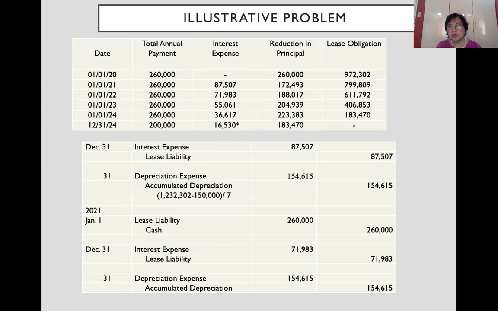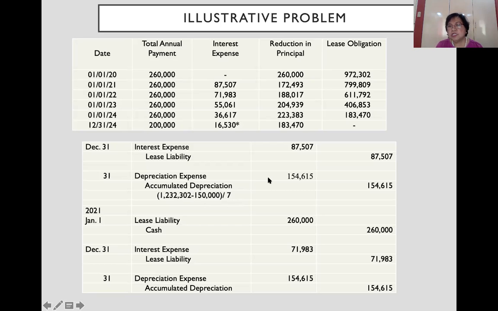Now, please take note that in the computation of depreciation, what we consider here is the estimated residual value at the end of the useful life of the asset, which is 7. Therefore, capitalized cost minus the estimated residual value at the end of the useful life, because it is expected that we will be using the asset over their estimated useful life of 7 years, divided by the estimated useful life of 7 years.